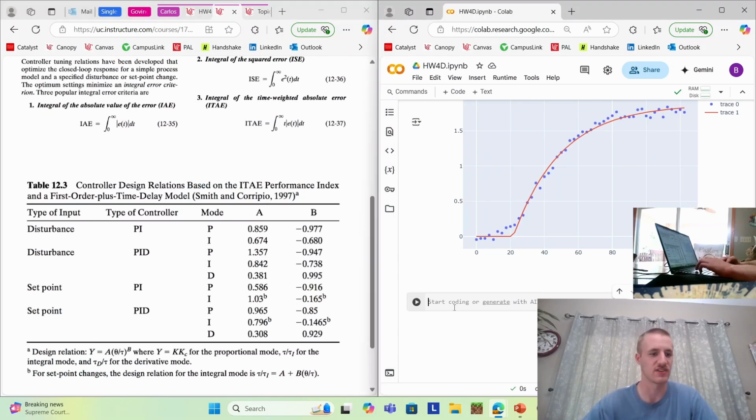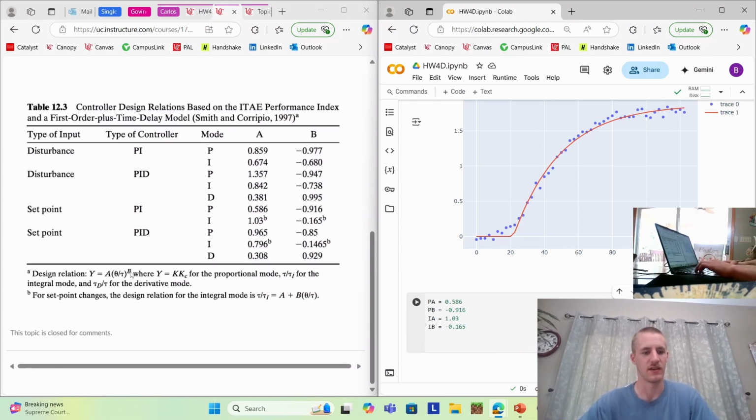So just looking at this, we have PA equals 0.586, PB equals negative 0.916, IA equals 1.03, and IB equals negative 0.165.